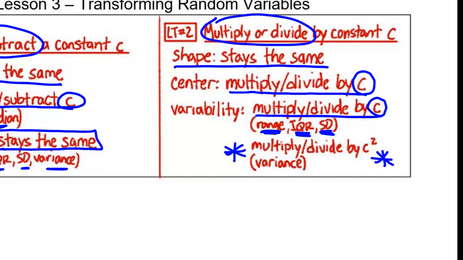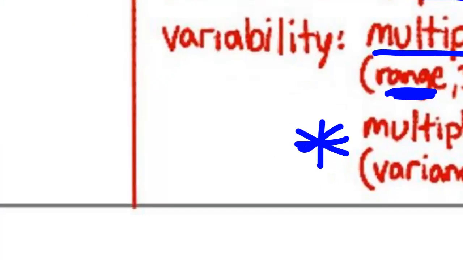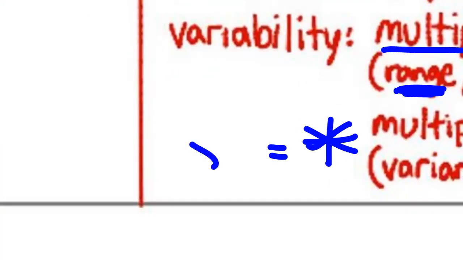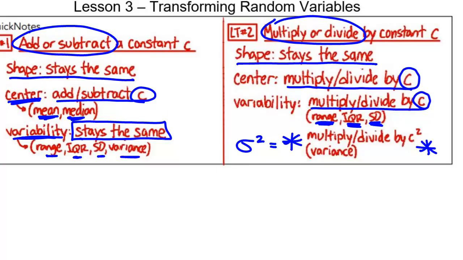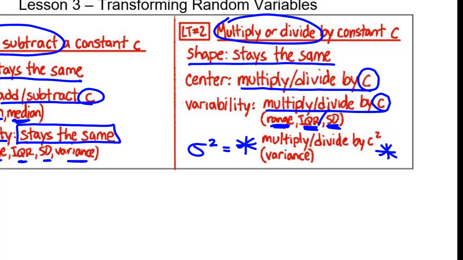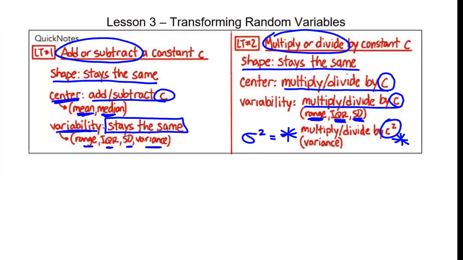We don't use the variance very much, but the variance is the standard deviation squared. So if I would multiply the standard deviation by C, then for my variance, I would have to multiply by C squared, because it's standard deviation squared for the variance.